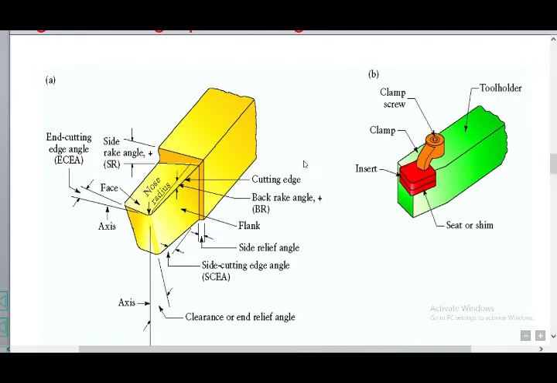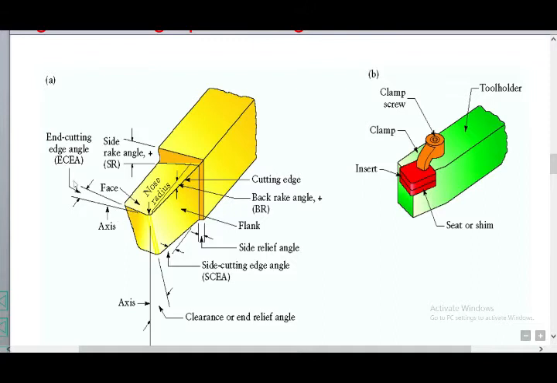In this slide you observe the nomenclature of the single point cutting tool, or geometry of the single point cutting tool. Here this is a 3D diagram of the single point cutting tool. Different angles and different elements are visible here.